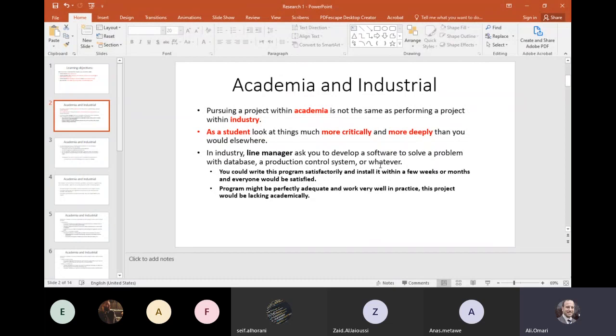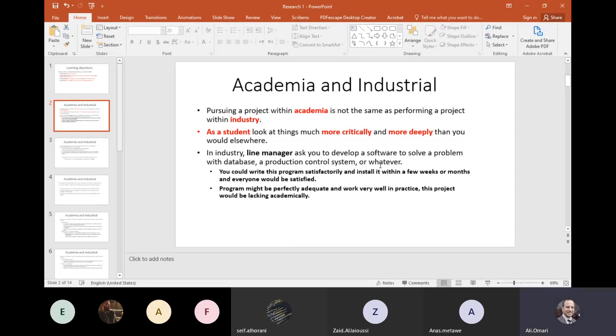You need to think about solving a specific problem. In this situation, you only have to write a program that addresses the problem that is being assigned to you by your line manager.